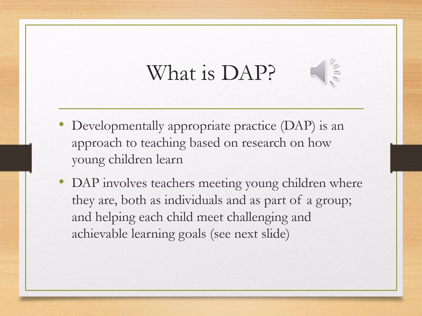Developmentally appropriate practice is a research-based approach to working with and educating young children. It has been around since the 80s. There have been multiple iterations of what is considered to be developmentally appropriate practice. As you saw on the previous slide, we're on the 4th edition.